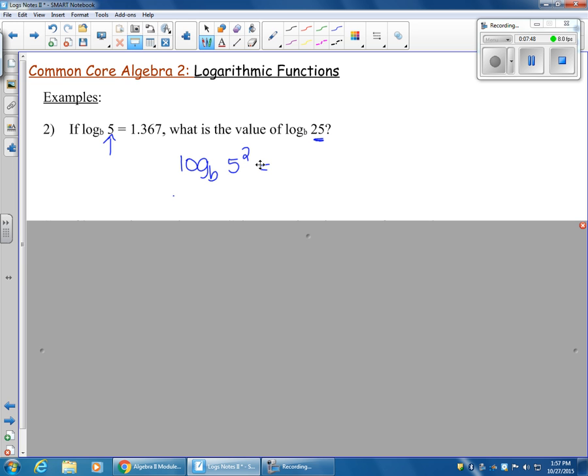Using our power rule, the 2 comes out in front. Now we can substitute because now we have log base b of 5, which is 1.367. And multiply that by 2 and get 2.734.